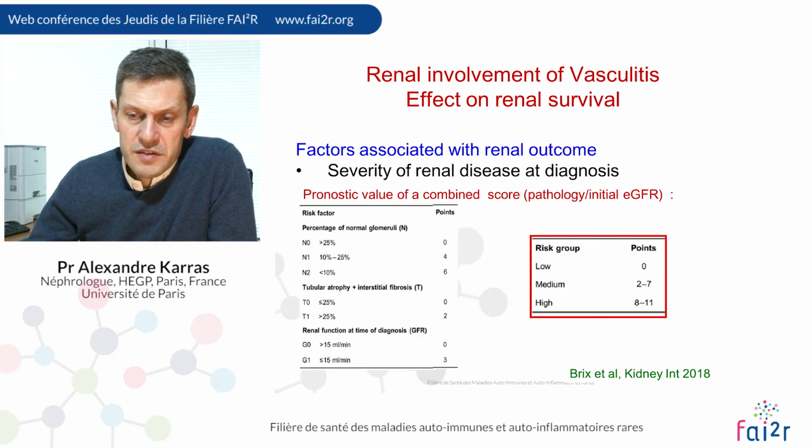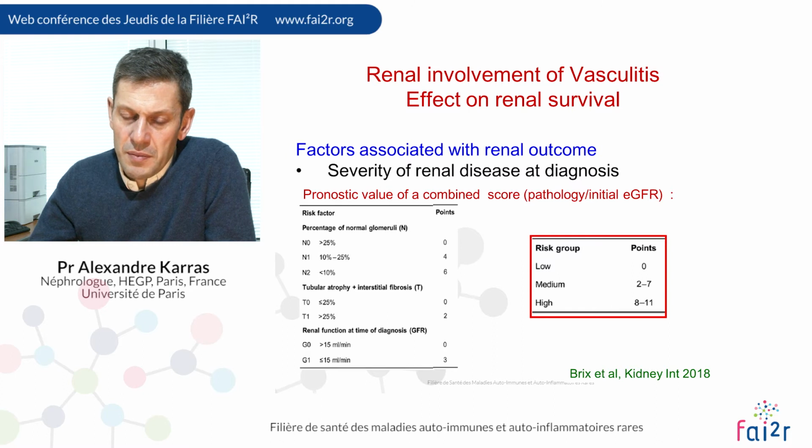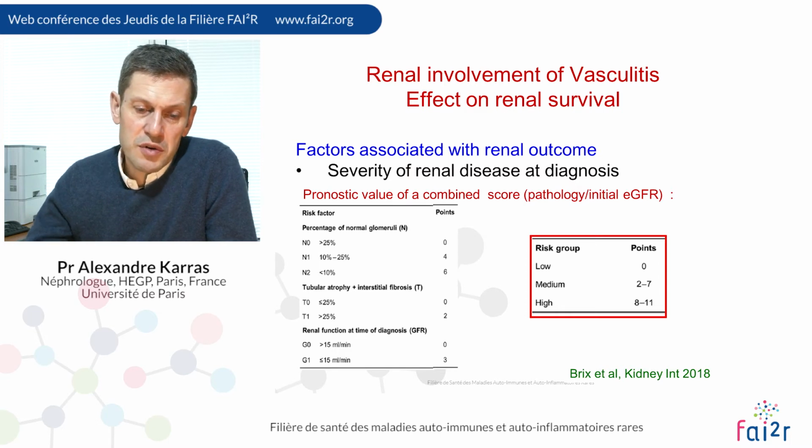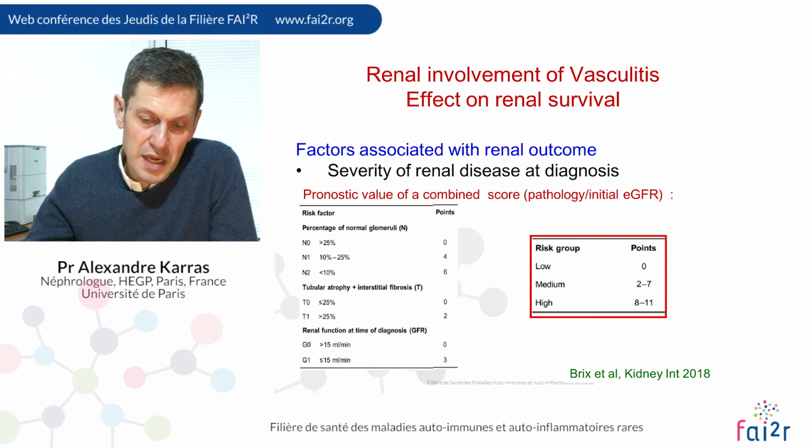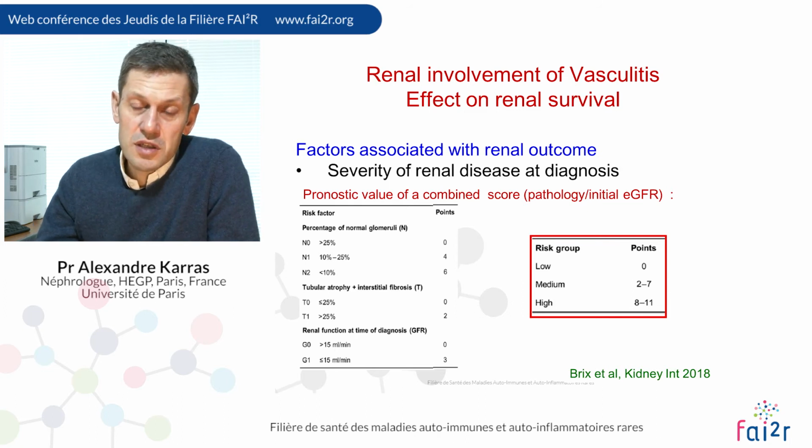A new score has emerged a few years ago, proposed by Brix and collaborators. This team proposed a mixed score combining both renal pathology and initial renal function, according to the percentage of normal glomeruli, the percentage of renal atrophy and interstitial fibrosis, and the initial eGFR.